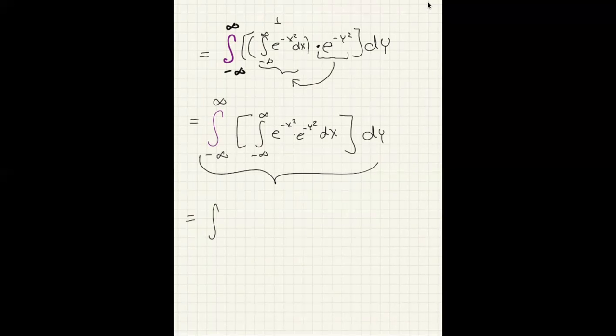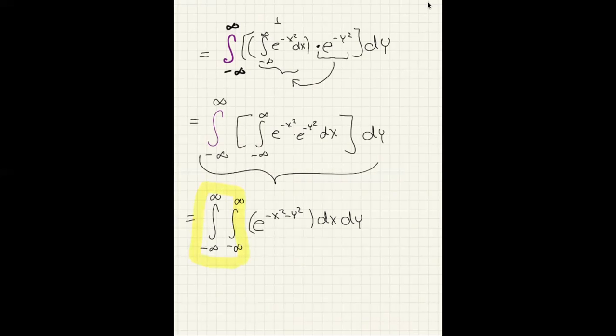All right, so this is really just the integral from negative infinity to positive infinity, and again from negative infinity to positive infinity, of e to the negative x squared minus y squared dx and dy. Okay, so if you think about it, this set of bounds right here, what's it describing?